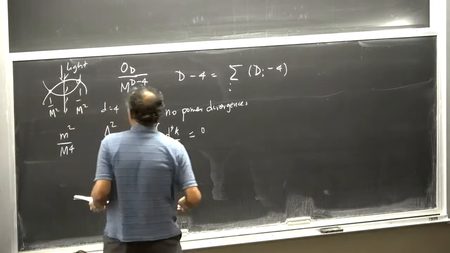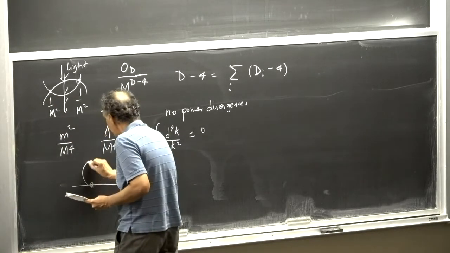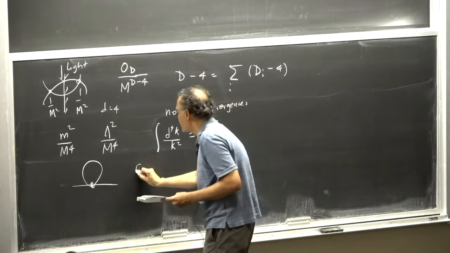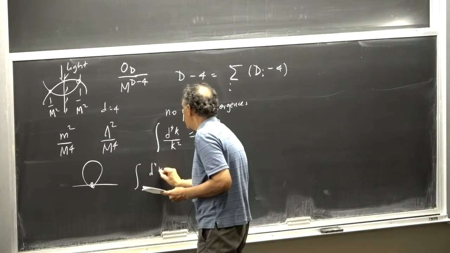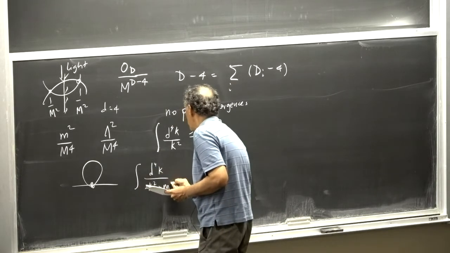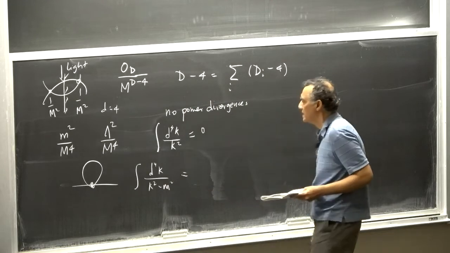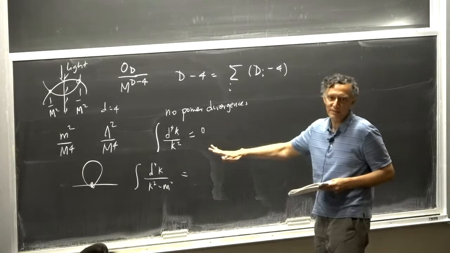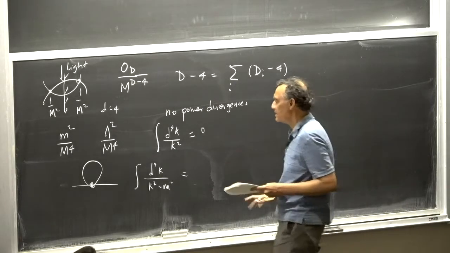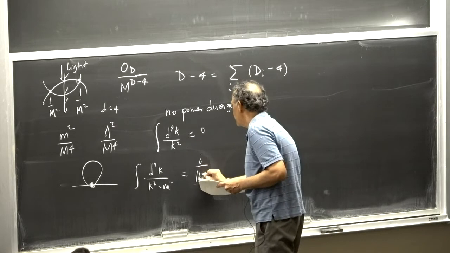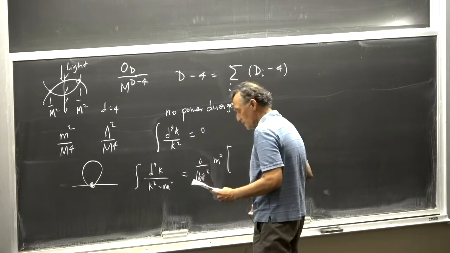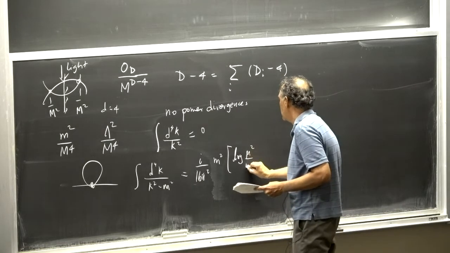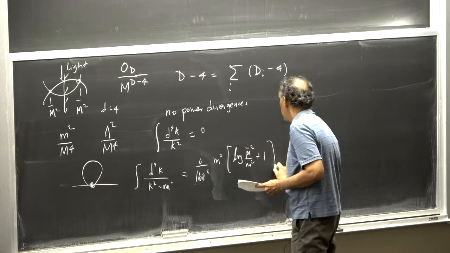Here's this famous diagram that people draw for the Higgs: d^4k over k squared minus m squared. I would recommend everybody do this diagram. It's the simplest one-loop diagram you can possibly do. You get 1 over 16 pi squared times, I think, m squared times log of mu bar squared over m squared plus 1.